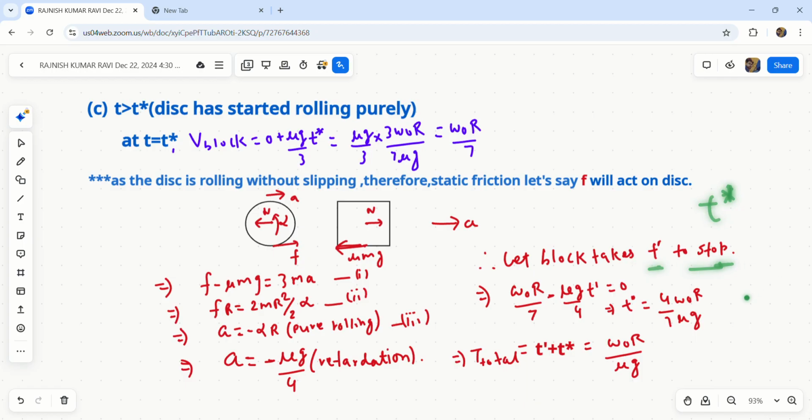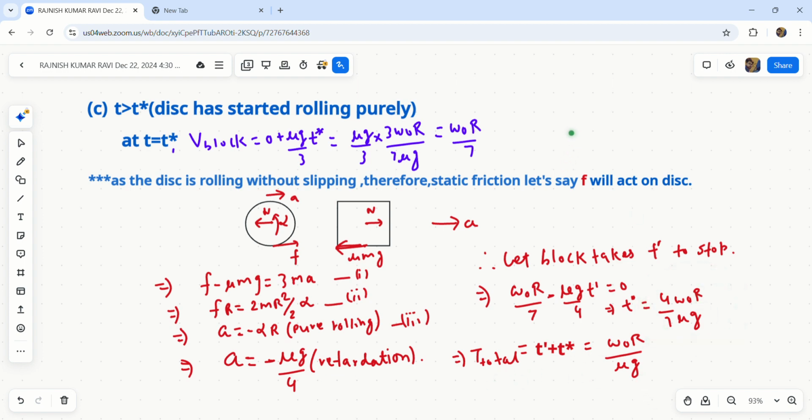So its final speed will be 0 and it is retarding with this much acceleration, and at t star the initial speed is this much. So u minus at dash will be 0. From here we can find the value of t dash as 4 omega naught r by 7 mu g.